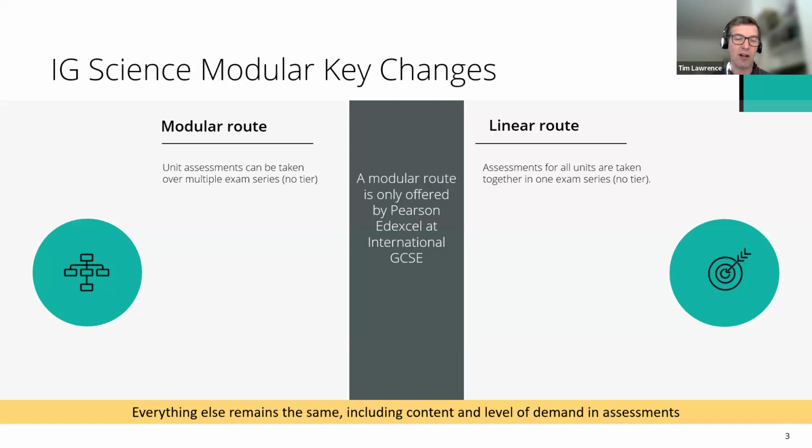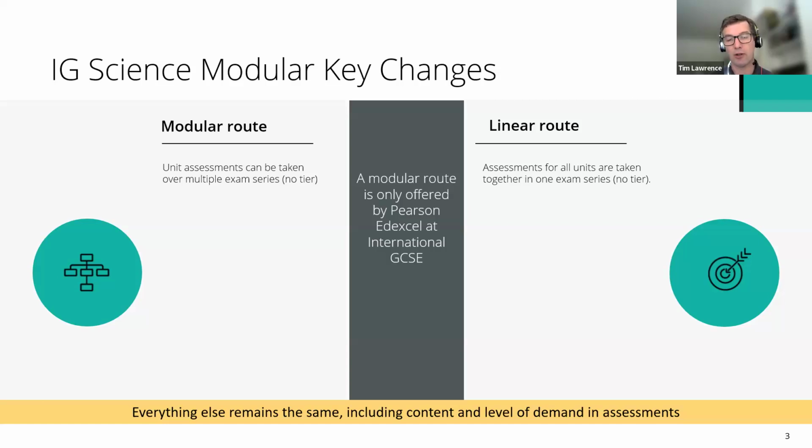The stronger academic students who are aiming for the top grades take the higher paper, and those who are aiming for a grade 4 or 5 take the foundation paper, which assesses the same content but with less demanding questions. We don't have that for either of our international GCSE routes.